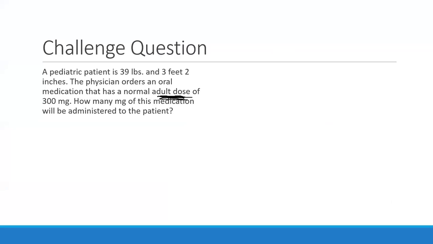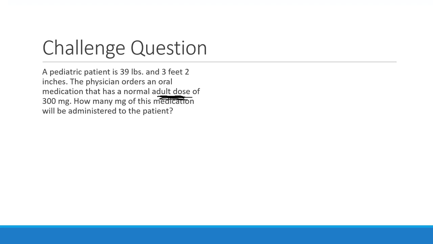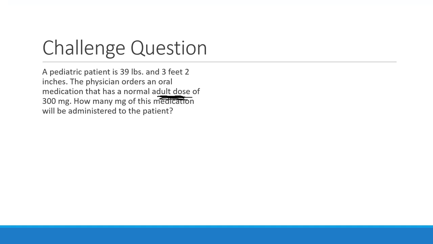Okay, so first let's find our BSA. So our patient is in pounds and feet and inches. So which one are we going to use? Yes, 3131.